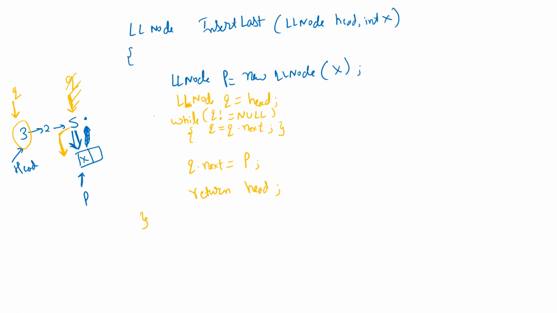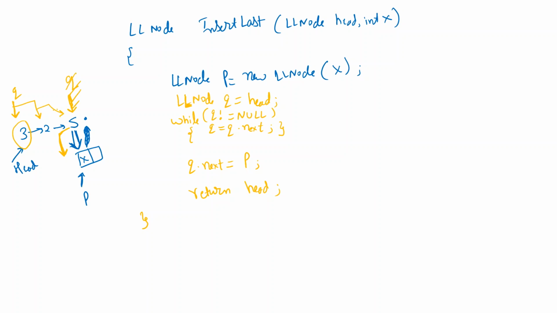So let us try this on this example. q is equal to head, that means q is pointing to 3. Now q is not equal to null, q is equal to q dot next. q came over here. Again q is not equal to null, q is equal to q dot next. q came over here. Again q is not equal to null, q is equal to q dot next. So next of this in the original linked list was null.